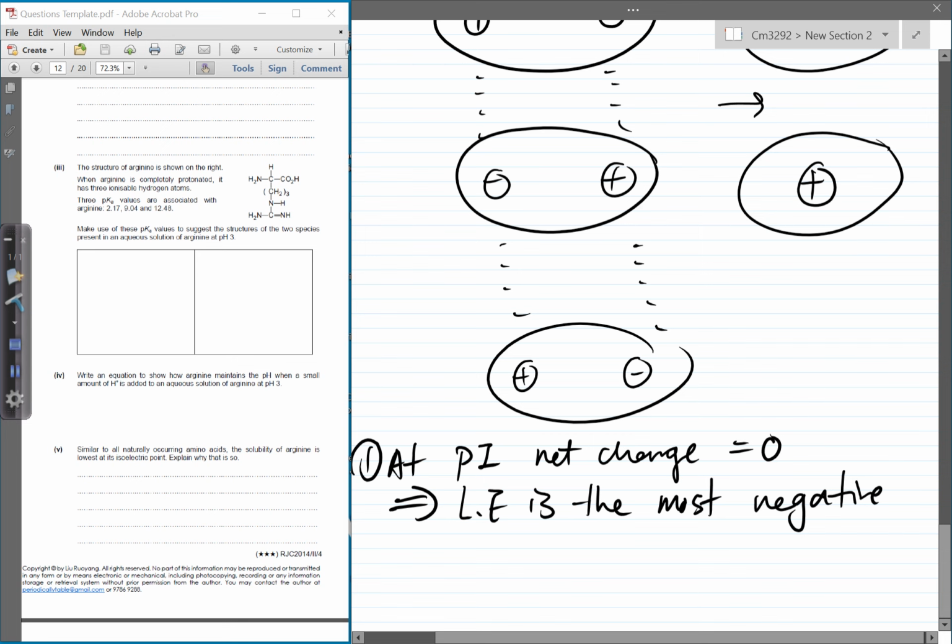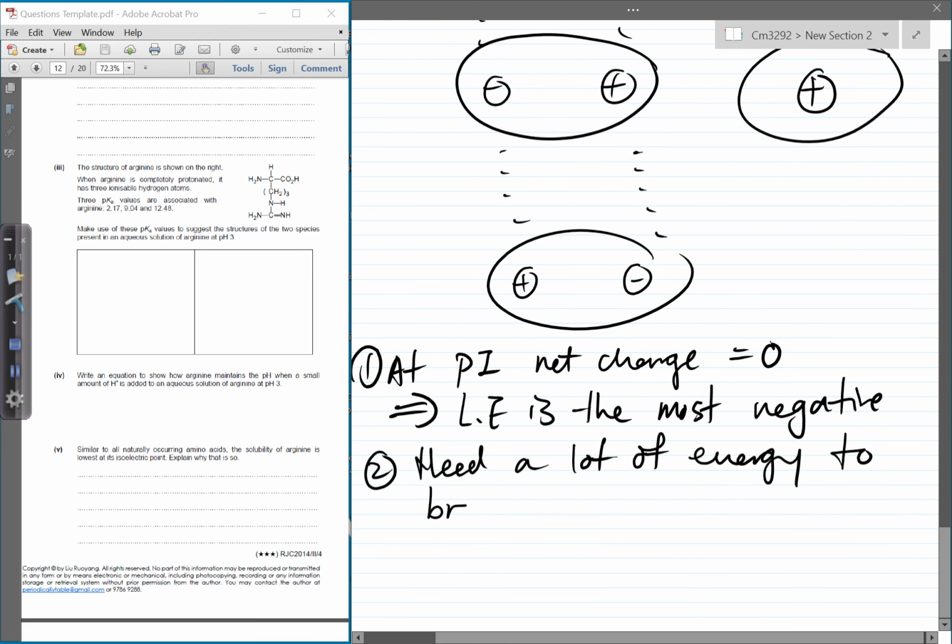If it's the most negative, that means you will need a lot of energy to break apart the ionic lattice to dissolve.